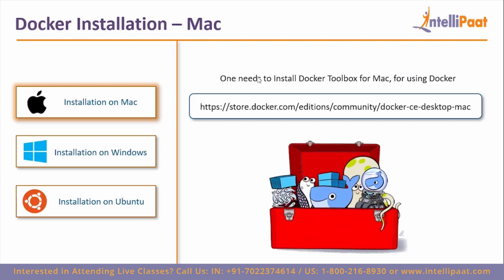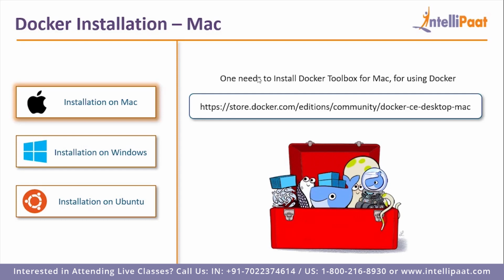All right, so if you're on Mac guys, all you have to do is go to this link. This link is basically going to download the Docker toolbox for Mac, and once you have the Docker toolbox, it basically installs everything. It will install Compose, it will install the Docker software, it will install the other components of Docker, so you don't have to worry about what component is what.